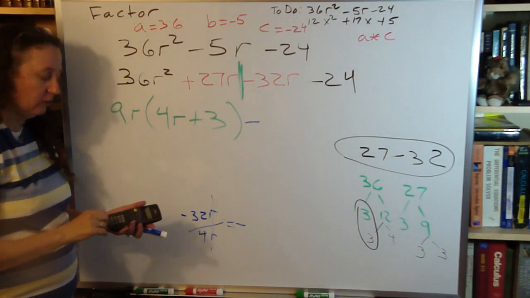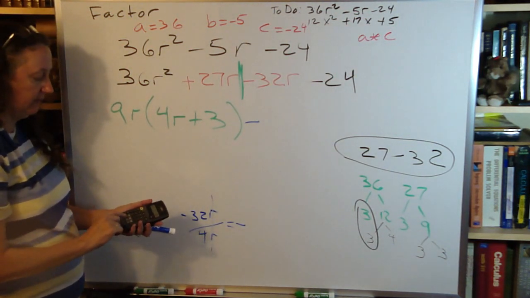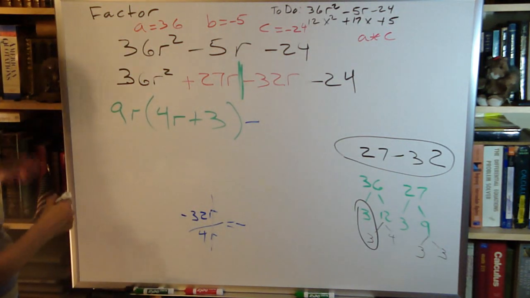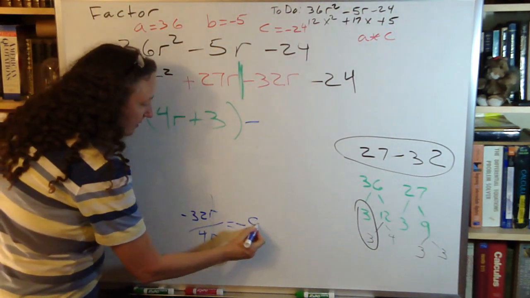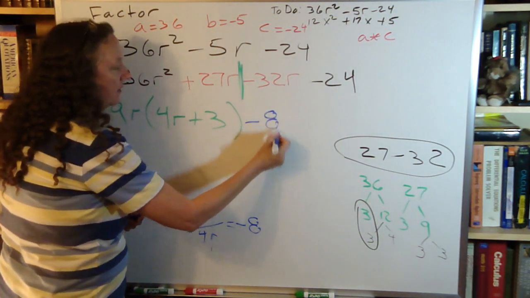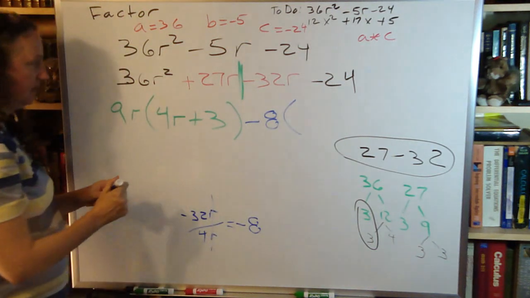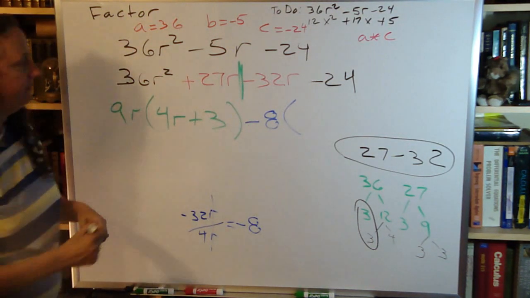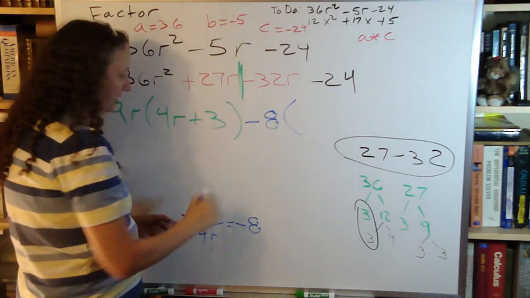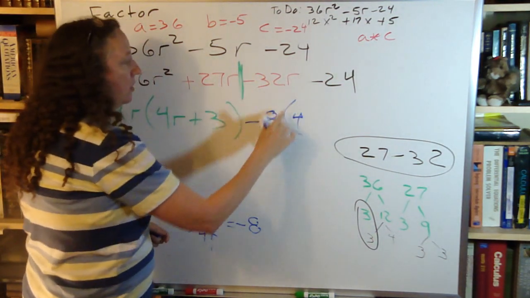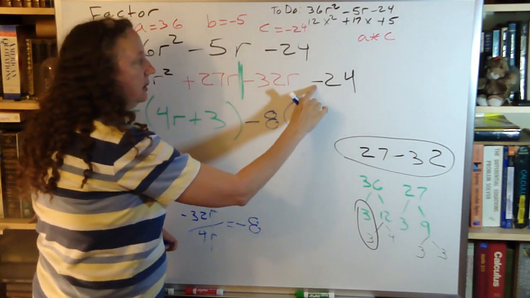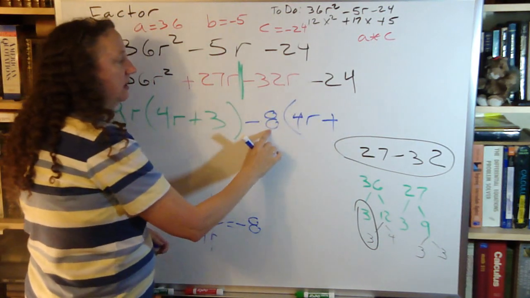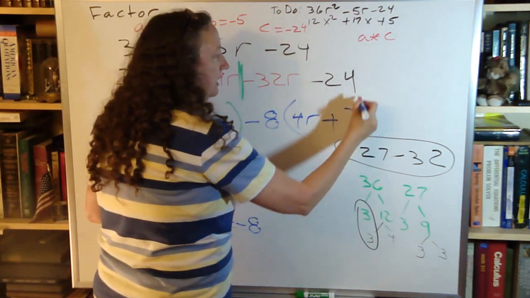That or else a lot of long division. 32 divided by 4 is 8. So, negative divided by negative is positive. 32 divided by 8 is 4. R, no r, carry the r forward. Negative, negative, positive. 24 divided by 8 is 3. I've reached the end.